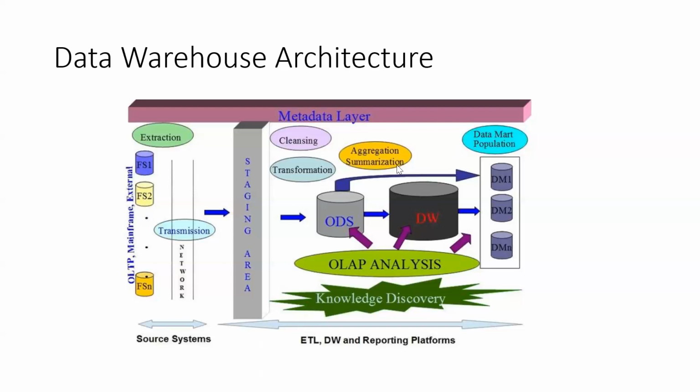Next, we need to aggregate the data. Suppose I need to store something based on the entire customer billing. From the OLTP systems, suppose a customer is there and I'm billed for each individual product. Suppose I bought toothpaste, an umbrella, and some food. So I bought these three things from the outlet.